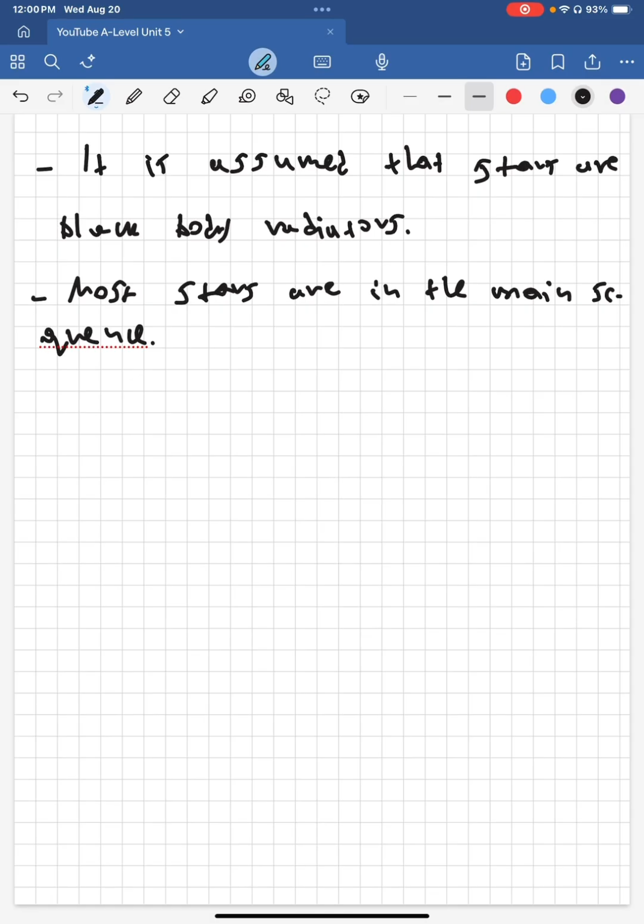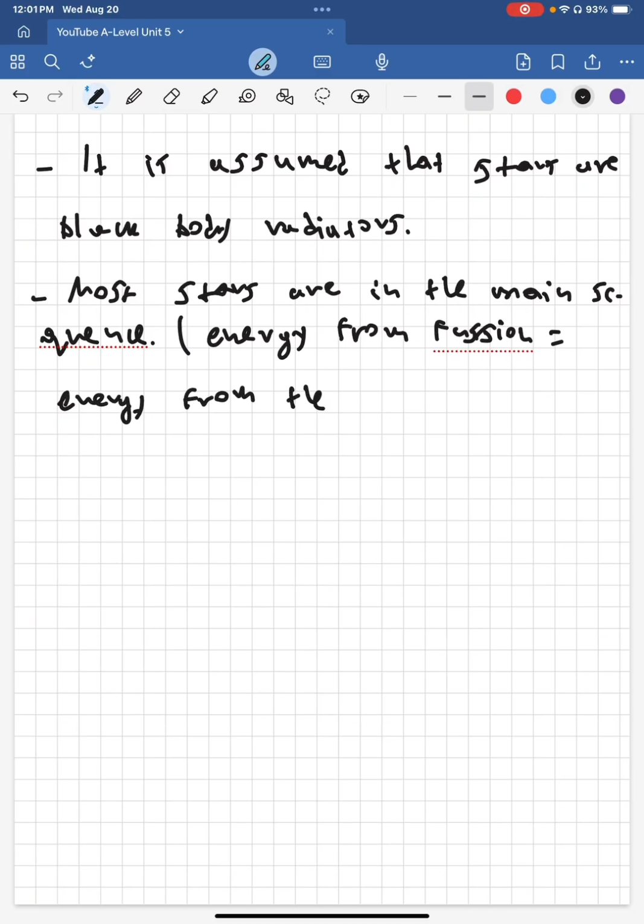And just to give you an idea of what the main sequence is, and we will talk about this next, is that for stars in the main sequence, the energy from fusion counteracts the energy from the gravitational collapse.